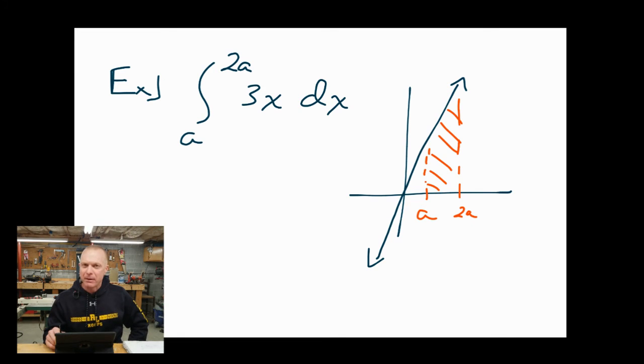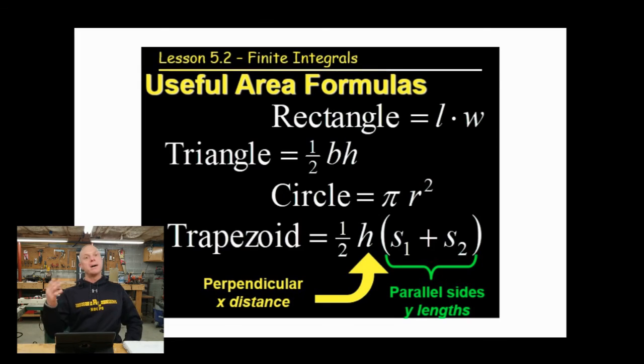So do you remember the area of a trapezoid? It tends to be one that I don't remember either. Here it is. It's 1/2 h, and then here we have the sum of our 2 parallel sides, S1 plus S2. It's going to be a helpful formula for this problem.